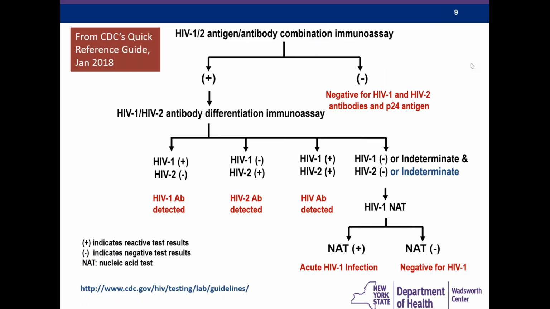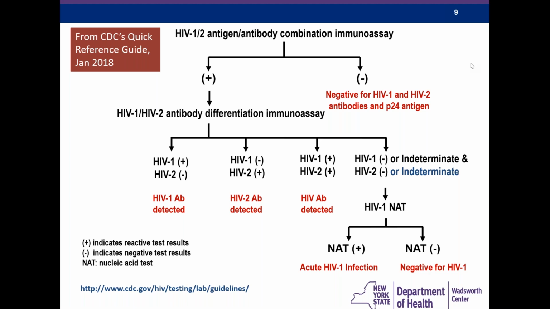All right, now let's turn to the recommended laboratory algorithm for HIV diagnostic testing. And I'm going to just briefly walk through this, and then we're going to break it down into its different steps. So in step 1, the laboratory recommends that we conduct an antigen-antibody combination immunoassay.